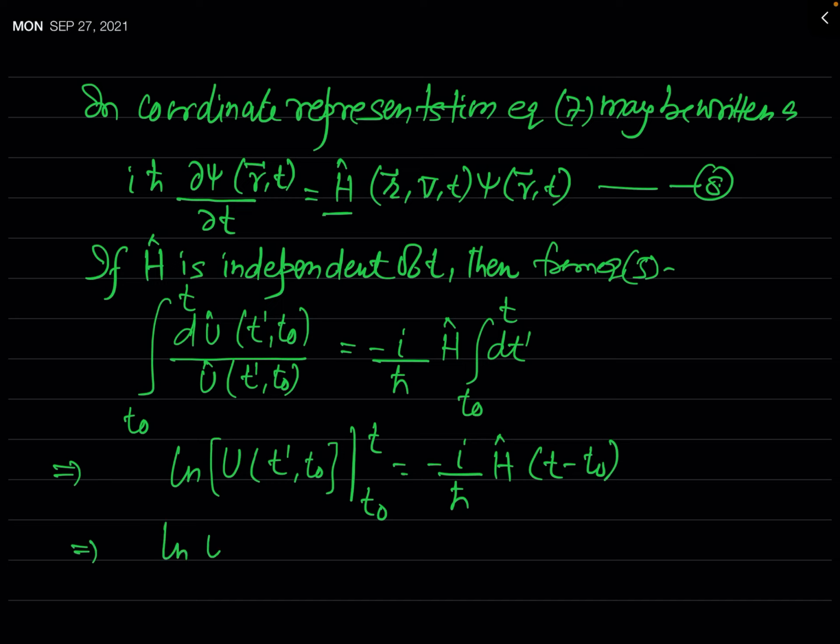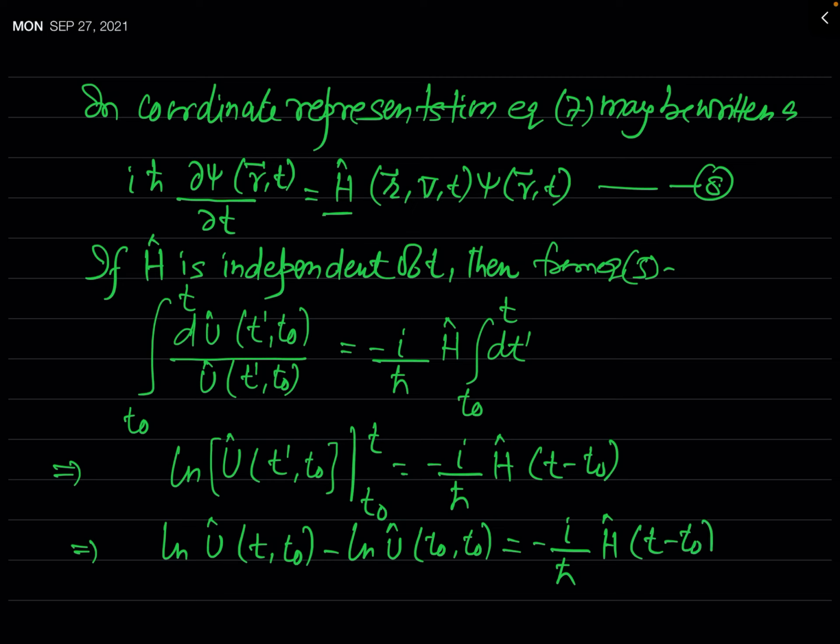You can see this will be ln U hat(t, t0) minus ln U hat(t0, t0), and this will be equal to minus i over h bar H hat (t minus t0).